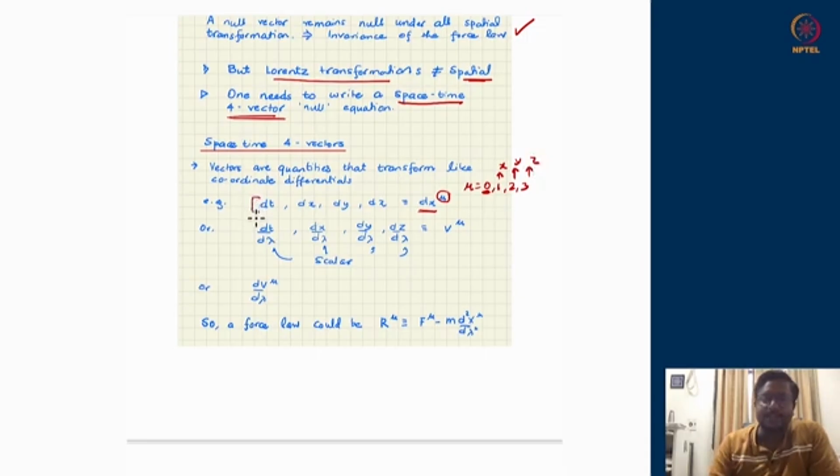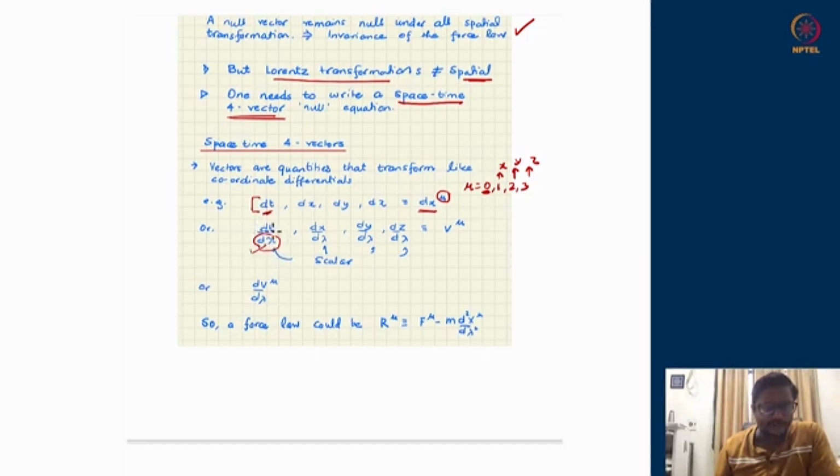Whatever transforms like a coordinate differential will be a vector. For instance, if I define the coordinate differential and divide it by some scalar quantity which does not change under frame transformation, then this quantity dt upon d lambda, where lambda is a scalar, will also transform like dt, because d lambda does not transform at all.